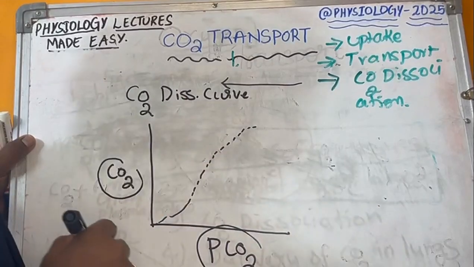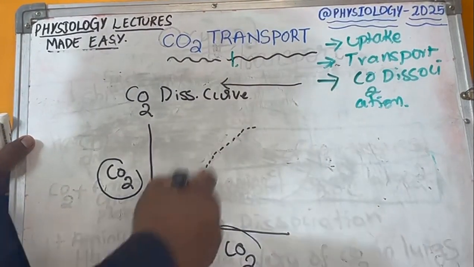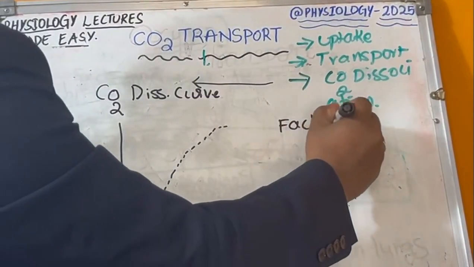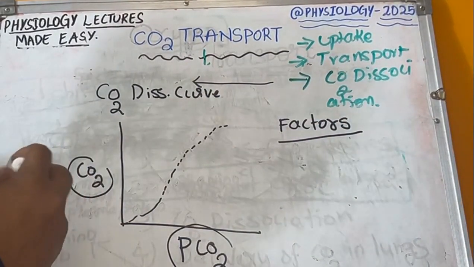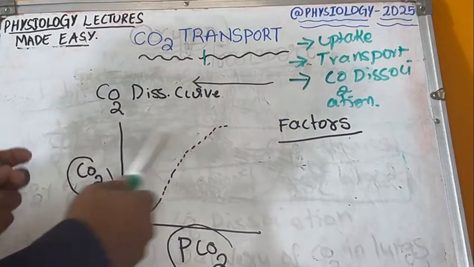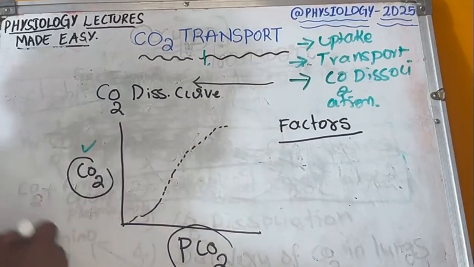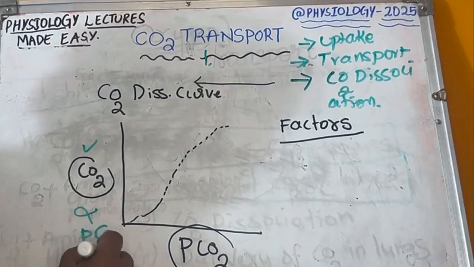And here the curve may shift towards the right or towards the left. Mainly two factors are very important in influencing the dissociation curve here. What are those two factors? Before I tell you the two factors, one point is that the total carbon dioxide content is directly proportional to the partial pressure of carbon dioxide.